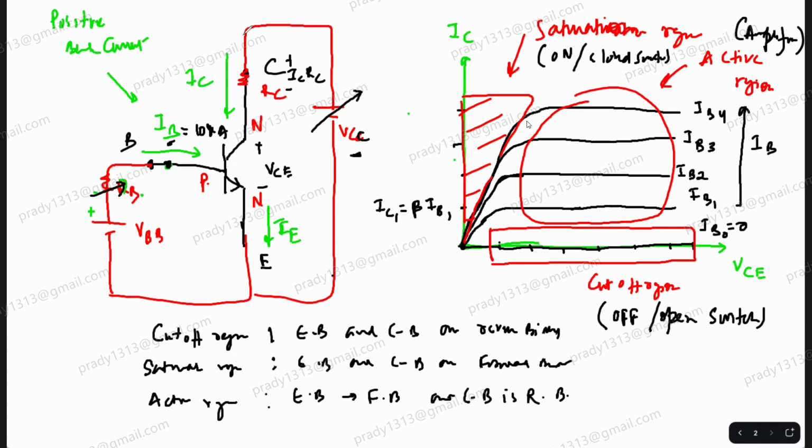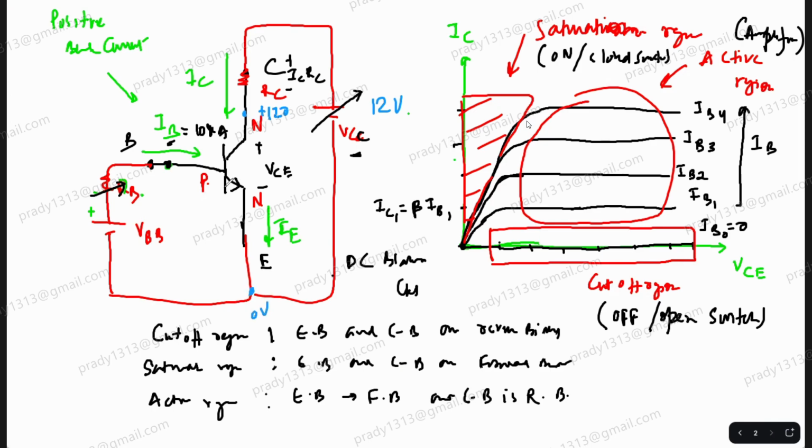ठीक है, so this is the DC biasing circuit. In DC biasing circuit, you always connect the supplies in such a way that your emitter base junction is forward biased and collector base junction is reverse biased. So if you see this, let's say this is 12 volt. Can I say this is at 12 volt and this is at 0?